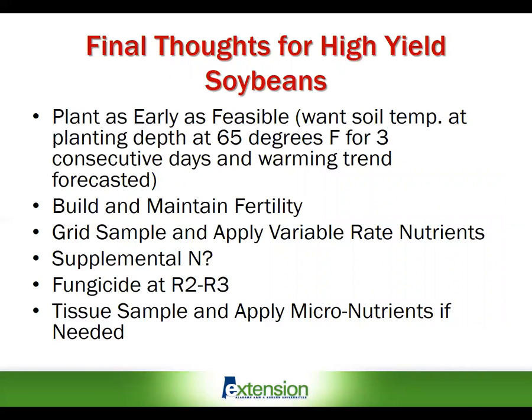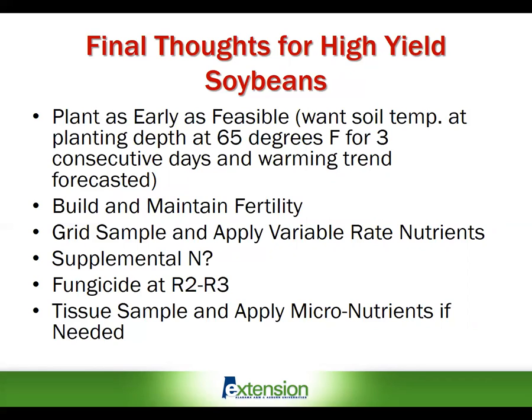So we talked about it. I plant as early as feasible. You need to build and maintain your soil fertility level. I would grid sample and apply variable rate nutrients and lime. The supplemental nitrogen, I would only apply 30 pounds at planting if I had an 80 bushel or more yield potential.